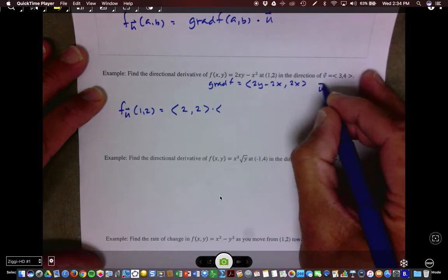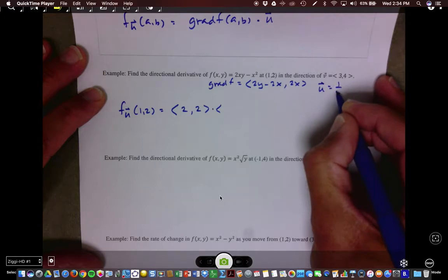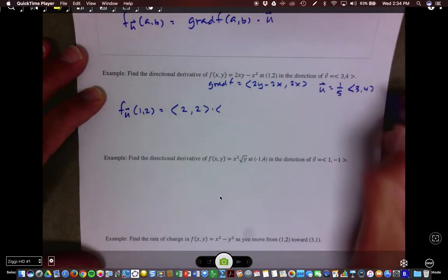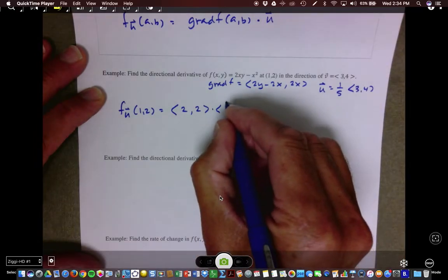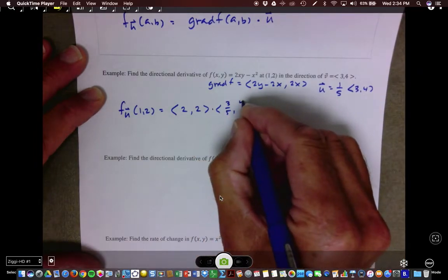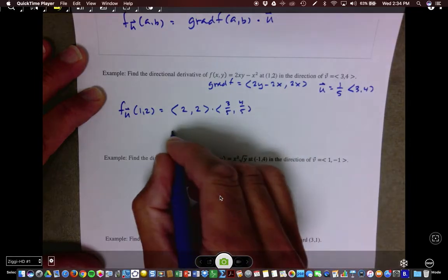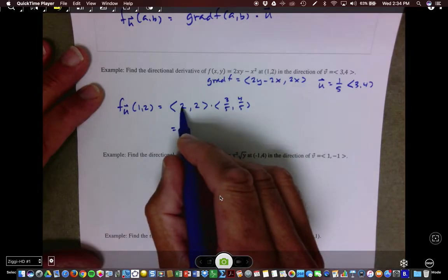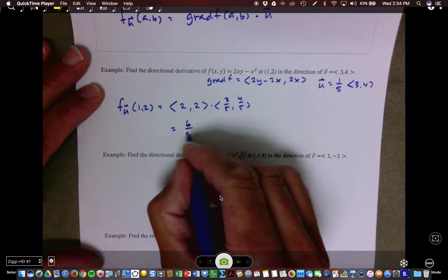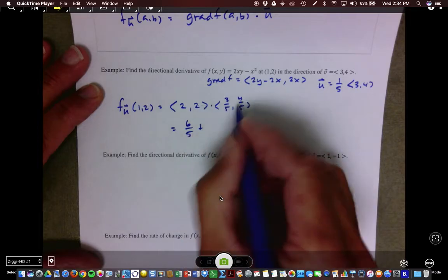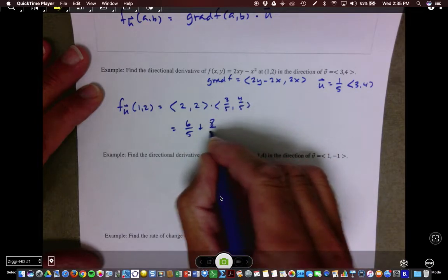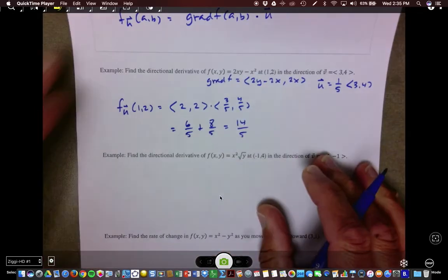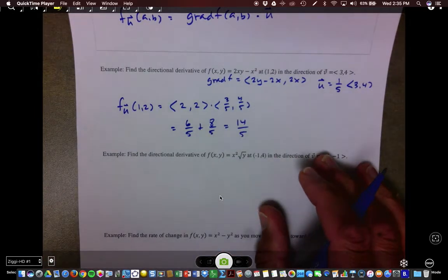The unit vector would be 1 over the magnitude, which is 5, times (3, 4), so this is 3/5 and 4/5. Remember, the dot product gives me a scalar, so 2 times 3/5 gives me 6/5, plus 2 times 4/5 gives me 8/5. When I add those up, I get 14/5. 14/5 is the answer to that question.